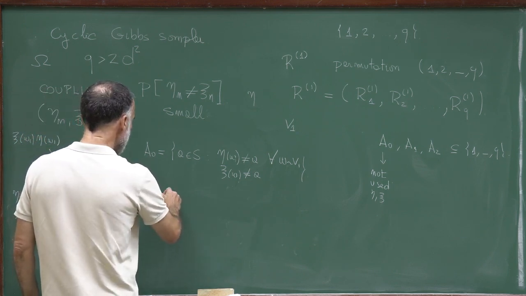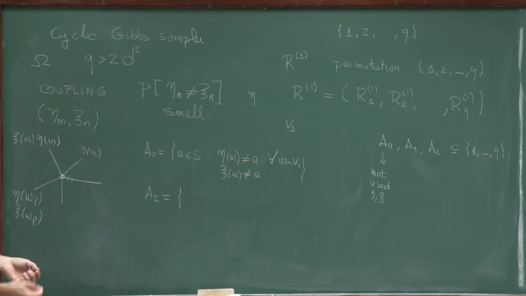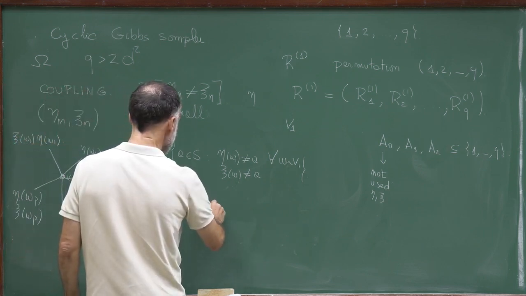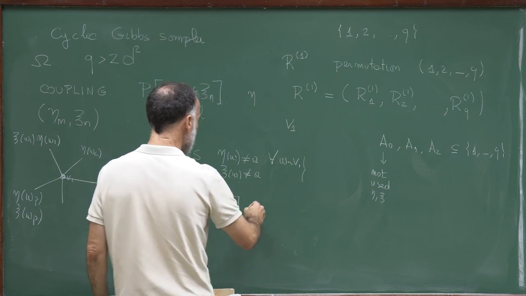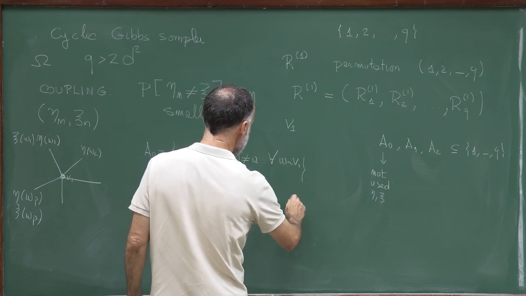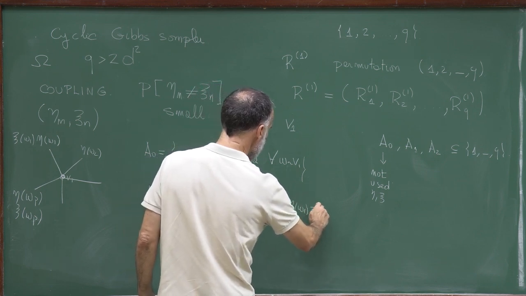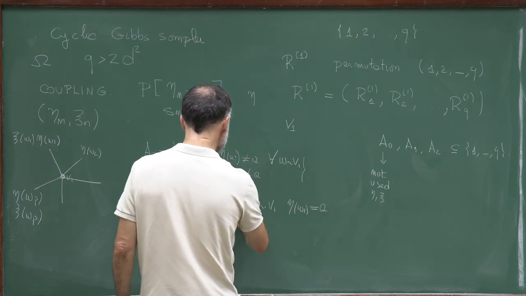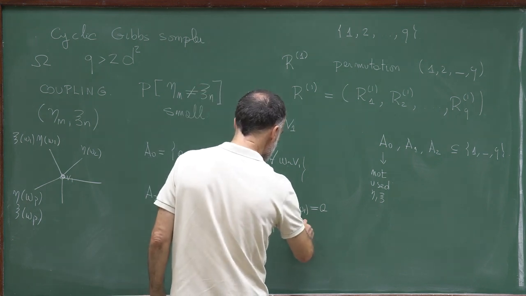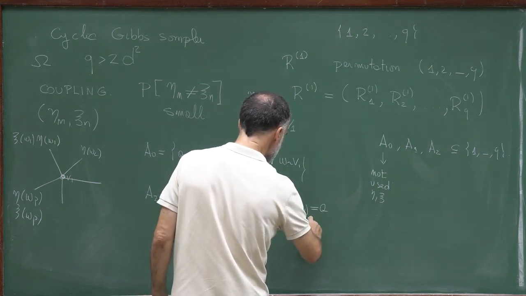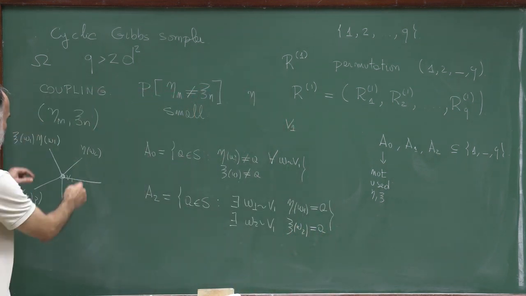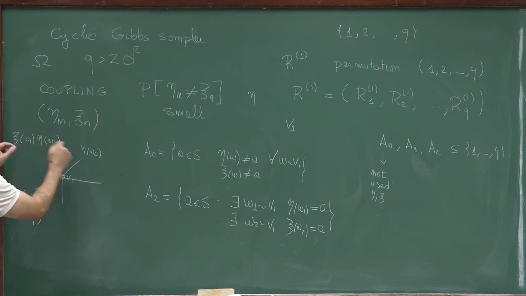So A2 is the set of colors for which both have a neighbor where it is used. So these are all colors A such that there exists W1 which is neighbor to V1, and eta(W1) is equal to A, and there exists W2 neighbor of V1 such that xi(W2) is equal to A. So these are all colors which are used in the neighbors both by eta and by xi.